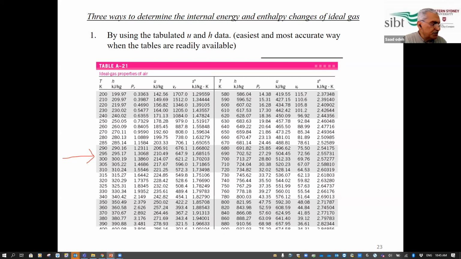You can see that H is 300.15, which is similar to the equation value. So that shows that you can get the H value either from tables or from the ideal gas equation in terms of Cp, or if we have internal energy, then in terms of Cv. Is there any question so far?